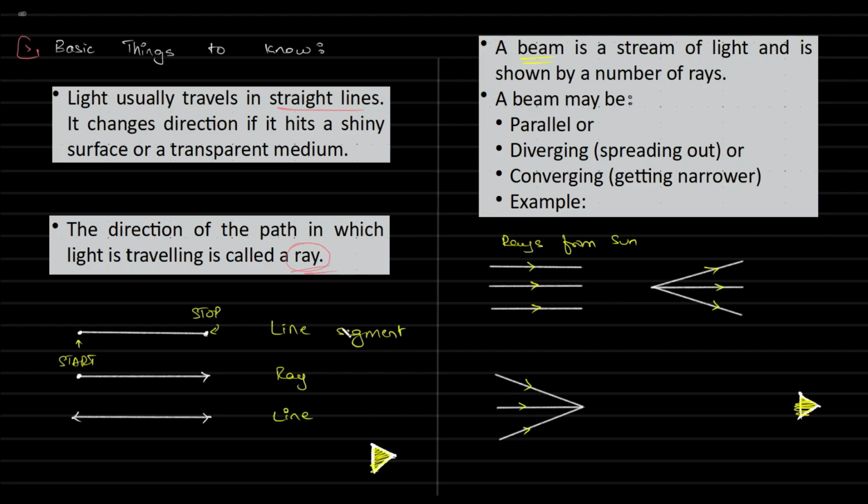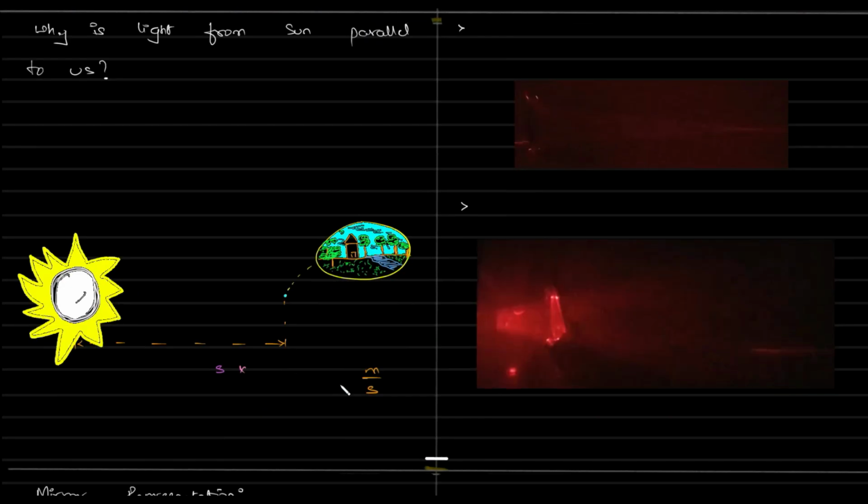So let us discuss now why sun rays, which are actually not parallel, are parallel when they reach us. And I hope you were able to observe the diverging and converging part of it. Whatever experiment I showed you, don't worry, I'll explain it over here. So first we'll begin with why light from the sun is parallel to us.